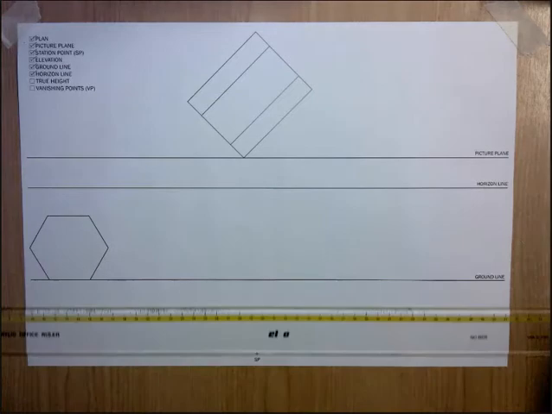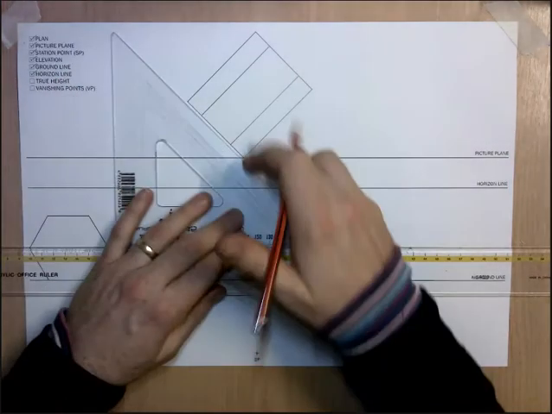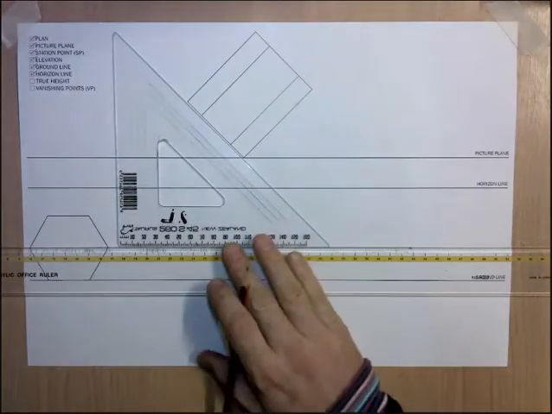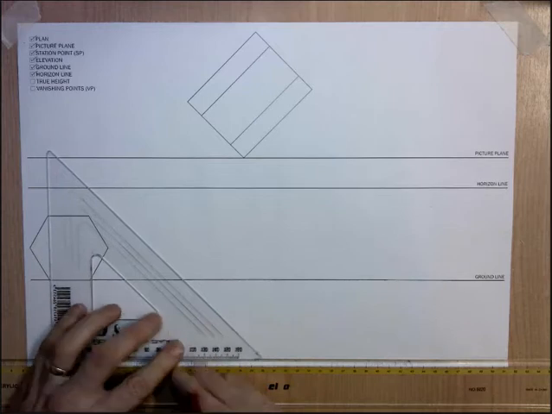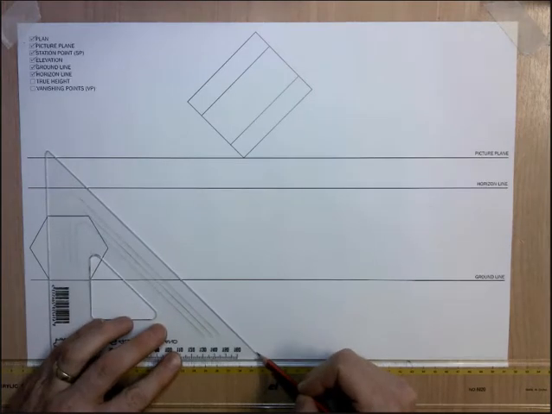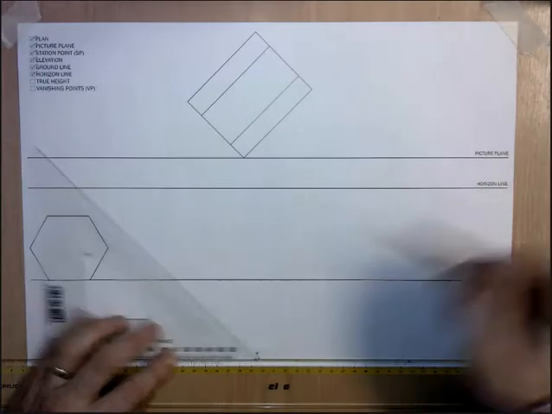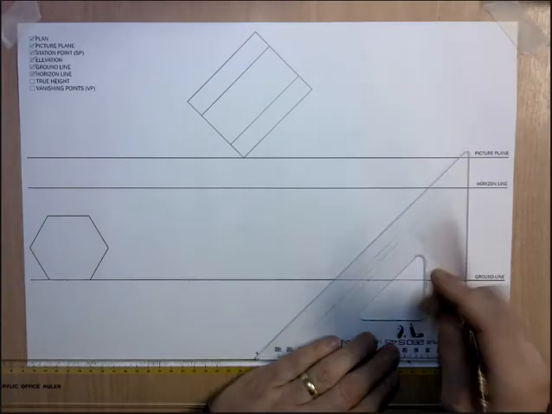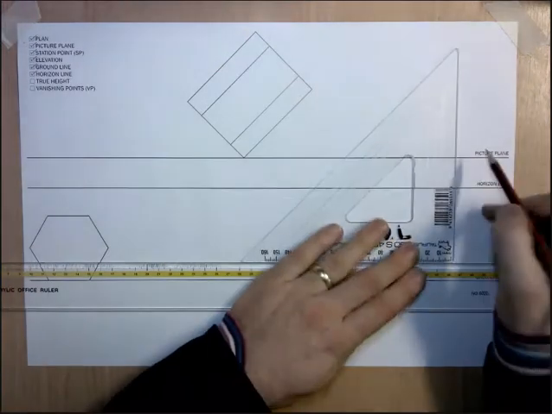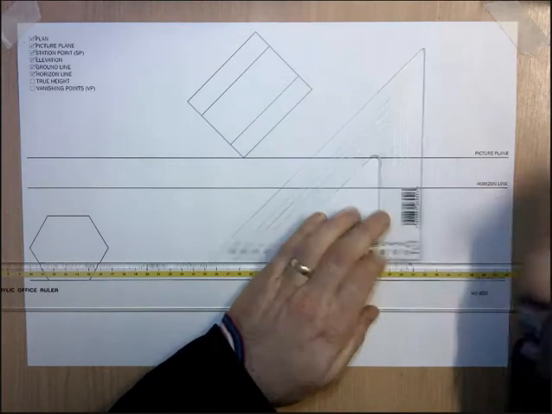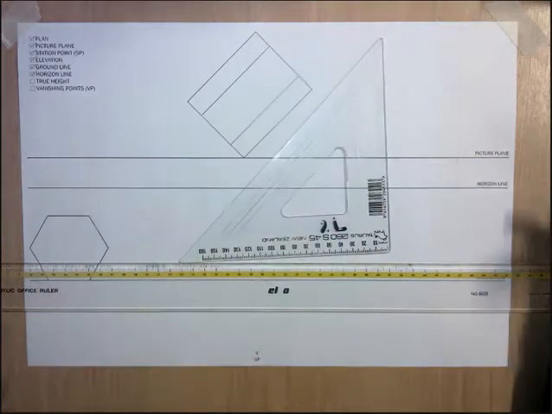So let's get going. This time what we have here are 45-degree lines. So in order to find the vanishing points, we need to go from the observer or the station point up to the picture plane, again up to the picture plane, and project down, or it could be up, onto the horizon line, depending on where the horizon line is.